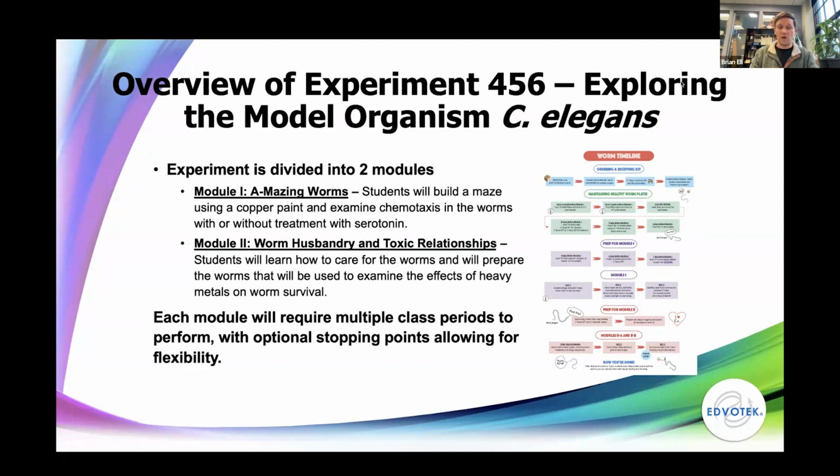Each of these modules requires multiple different class periods, so we do need to have time in there for our C. elegans to be able to grow and reproduce and make sure we have enough worms to actually do these different assays. And then there are a couple different stopping points that should allow for some flexibility as you are trying to plan everything out here.